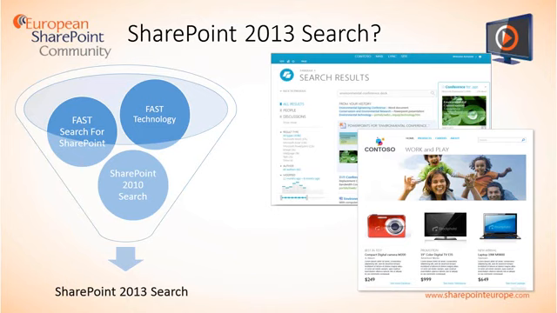What happened in SharePoint 2013 is that Microsoft integrated FAST technology and the FAST search inside SharePoint search, so you don't have two products any more. It's just one product, SharePoint 2013, and one of its features is search. So when you buy SharePoint 2013, you get the search. You don't need to buy or pay for anything else.